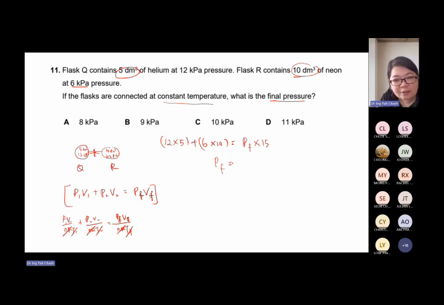You'll find that 12 times 5, 60, plus 60, divided by 15. 120 divided by 15. The answer is 8. So if the unit is kilopascal, for question 11, the answer is A.